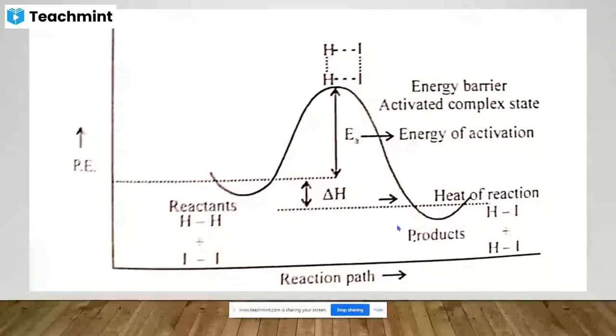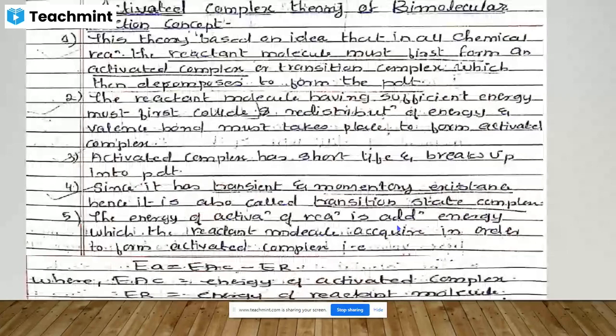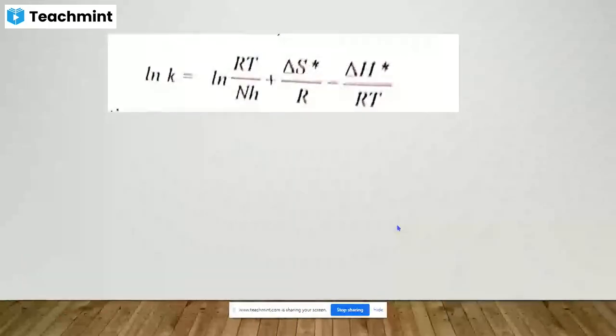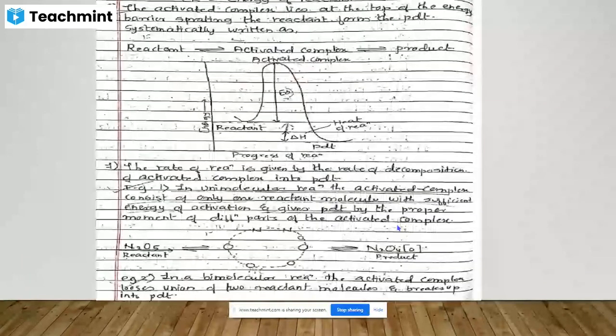On applying statistical thermodynamics, or the Eyring equation, we get an expression for these reactions, and that expression indicates the rate of the reaction according to activated complex theory.